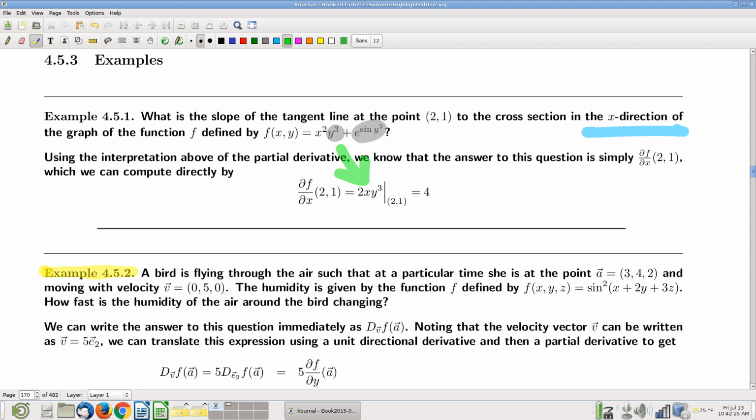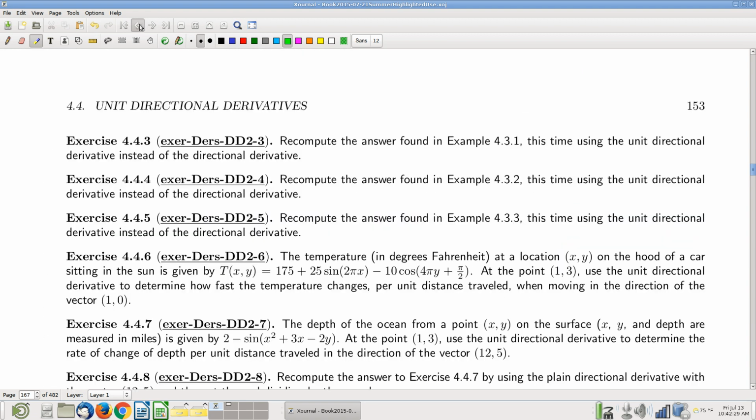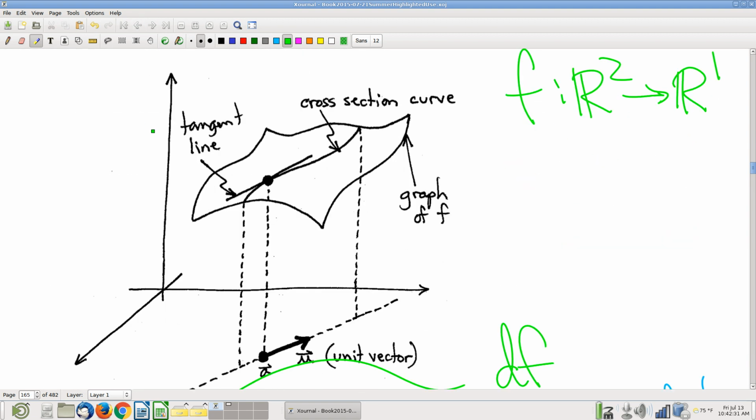Yeah, totally. So let me go back to this picture here, right? So here's our graph of the function, right? So height is a function of position. And if I say what's the slope of the graph, it doesn't really make any sense.